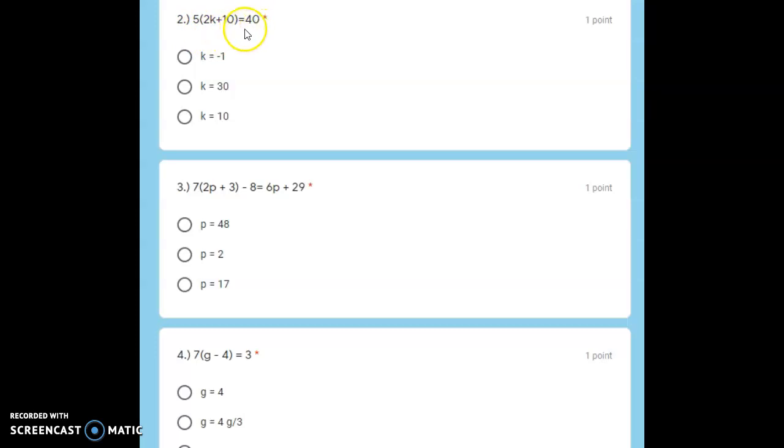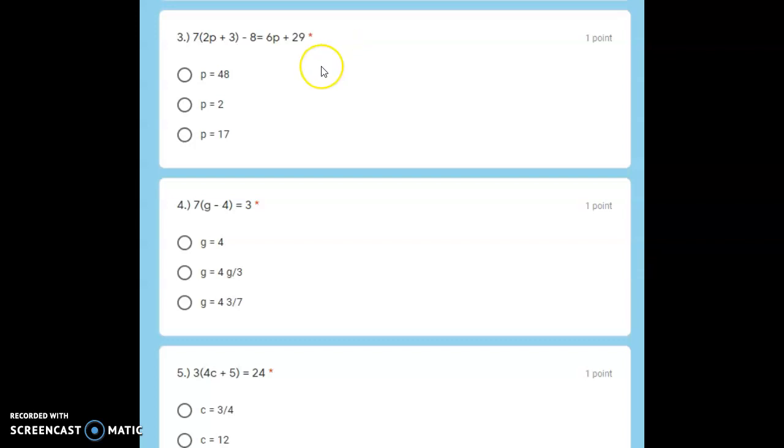But then you can't forget to bring down your equals 40 and rewrite the whole equation. Hopefully this is making sense to you that you have to do a step of the distributive property before you go further into simplifying and getting the variable by itself. Let's keep going here.